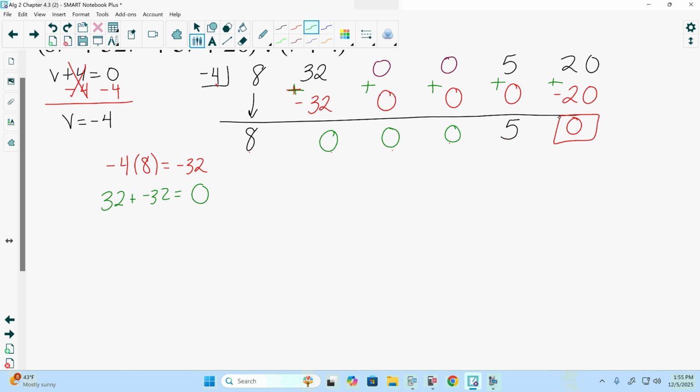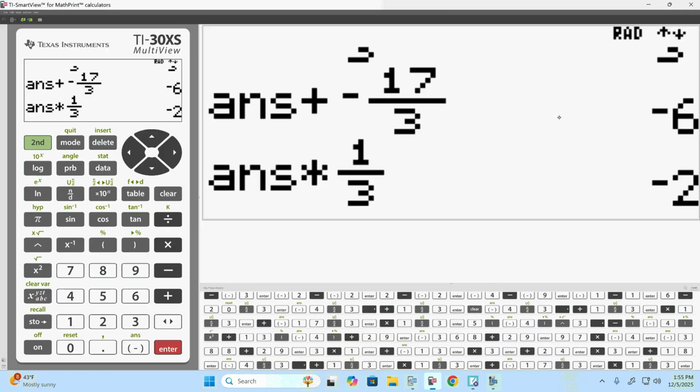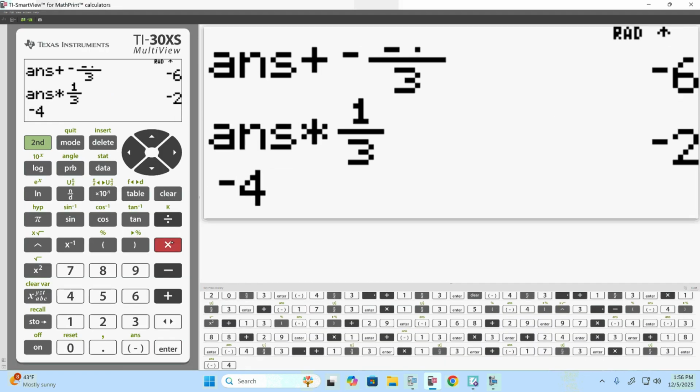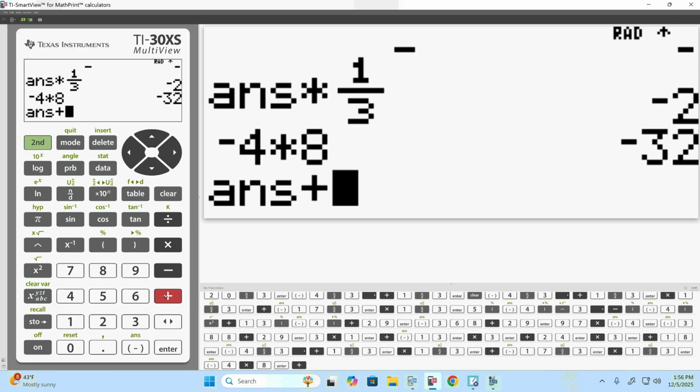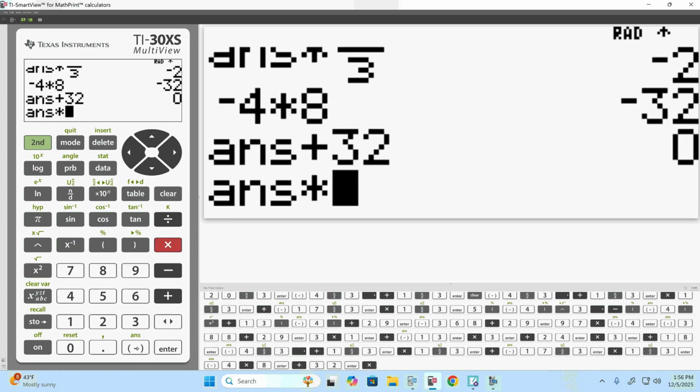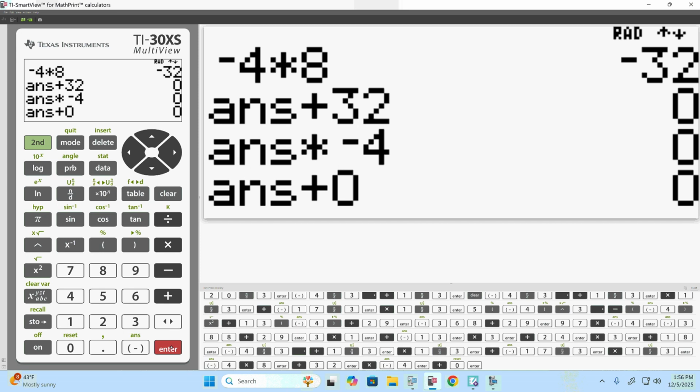We can't type the whole thing in, but I can type in -4 times 8, as I'll walk you through this here. Because we would have said -4 times 8 is 32. And we have to add the next number in the line to it. Then our next step was to multiply that value by -4, put it on top and add it to it, which was adding 0.